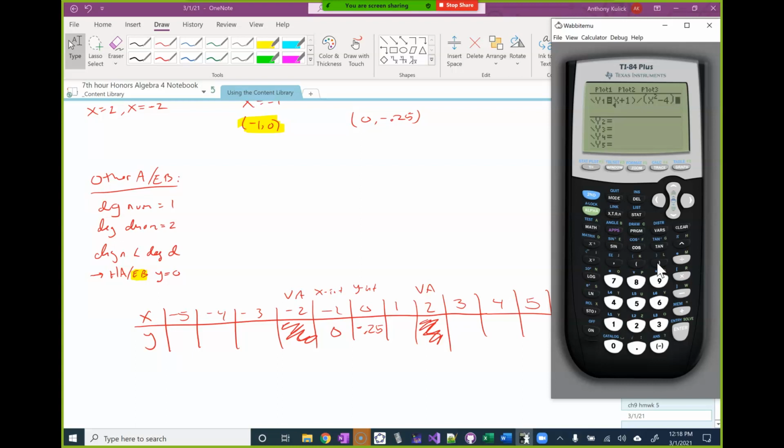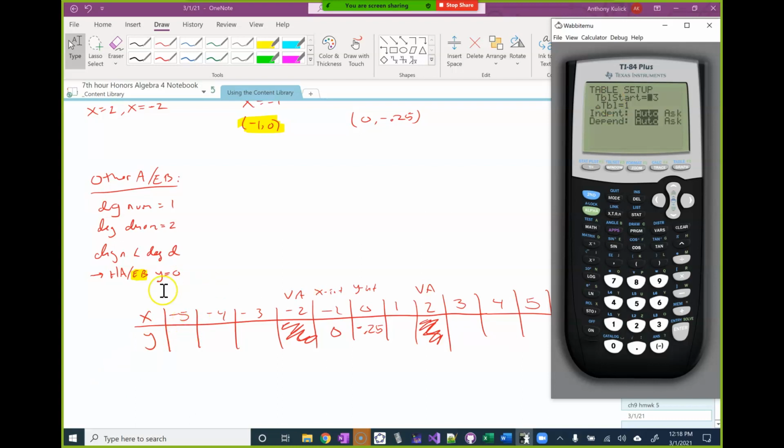All I'm really doing is plugging in values of x to get the values of y, but I'm going to use my calculator to do it all at once. Then I'm going to press second and the window button, which opens up the table setup menu. So I'm going to build an XY table on my calculator.